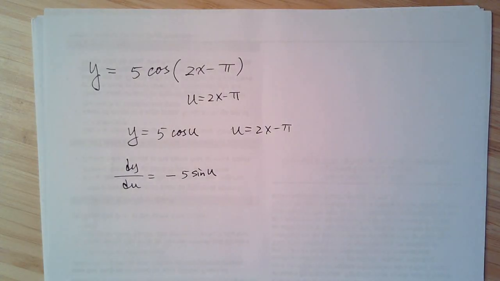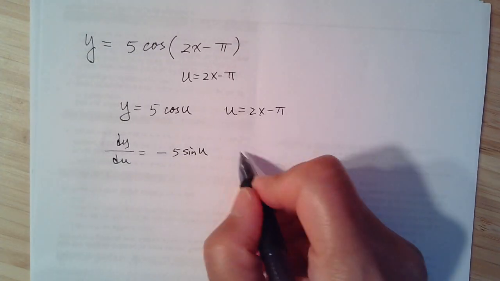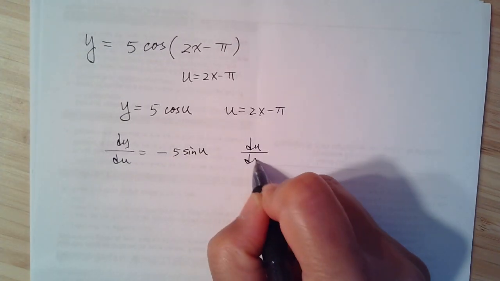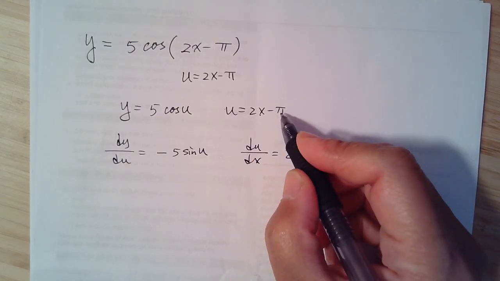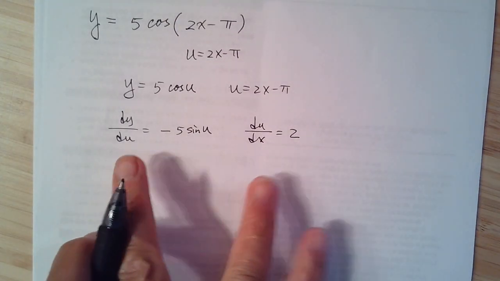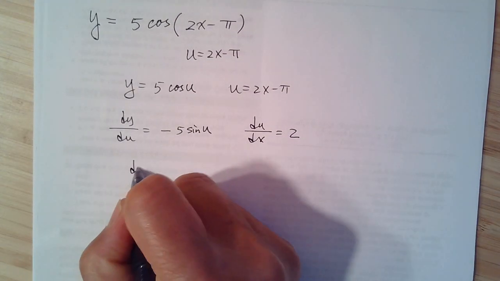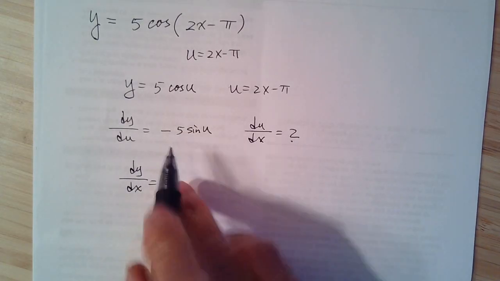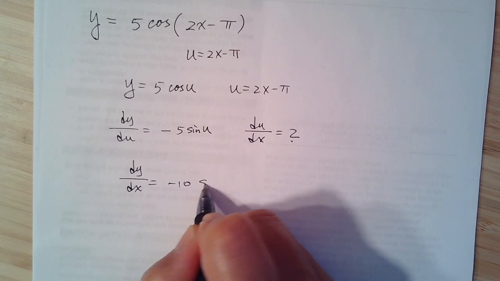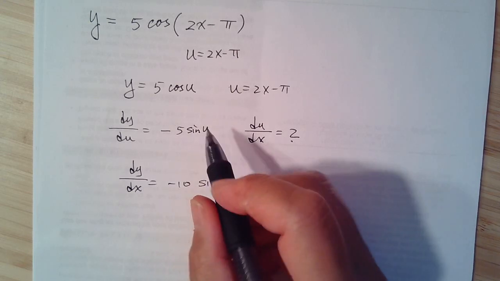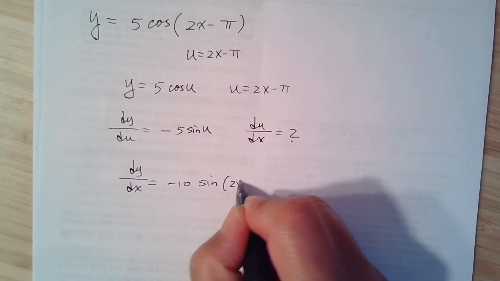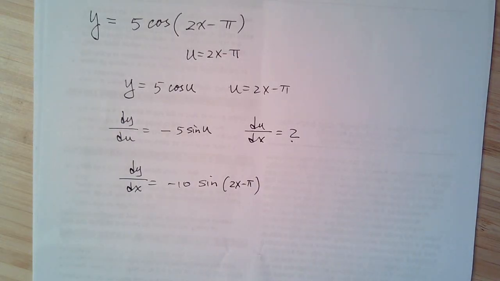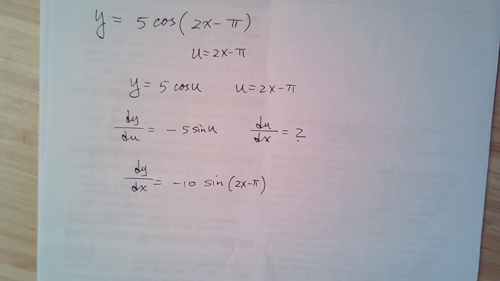You agree? Yeah. And then du over dx is just 2 because the pi is actually a constant. So when you multiply this together, dy over dx will be 2 and 5, so you get a negative 10 sine, and then u, I just write 2x minus pi. See, I skip more and more steps, but this is how you get the answer.